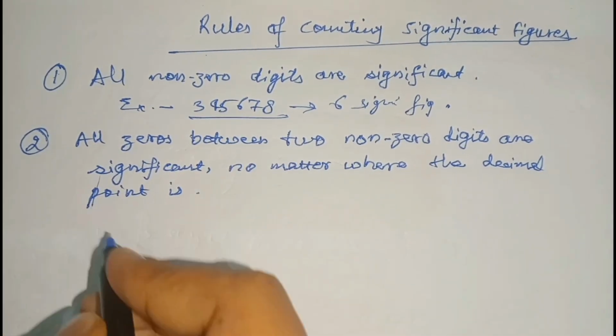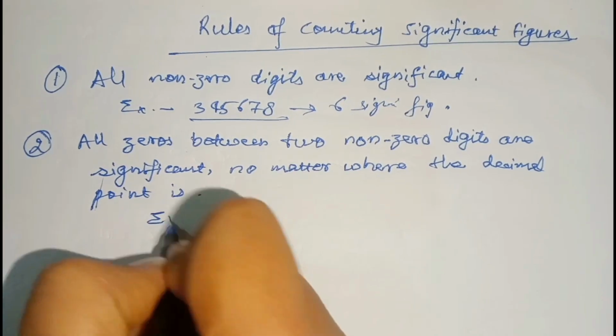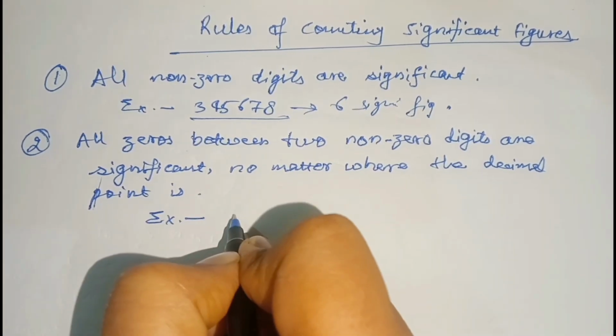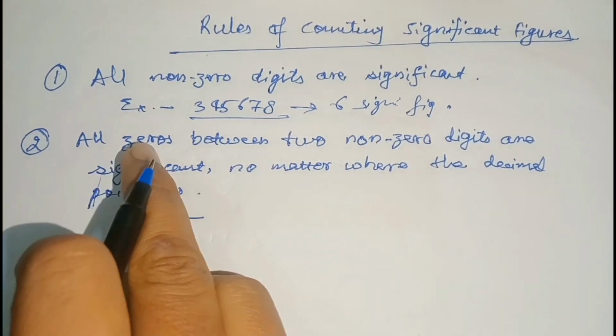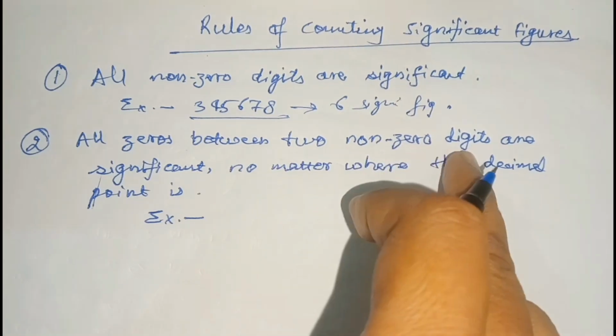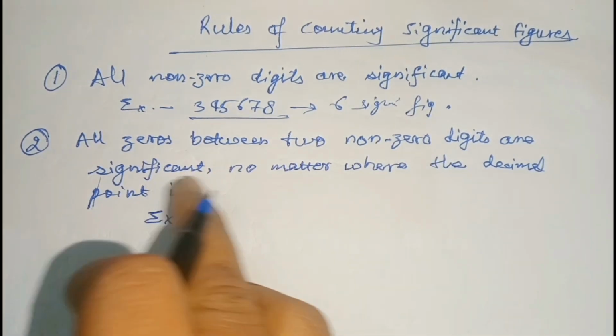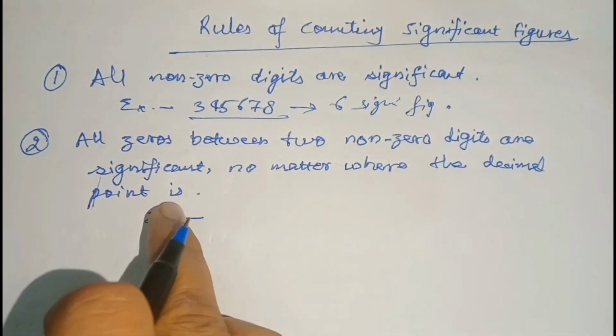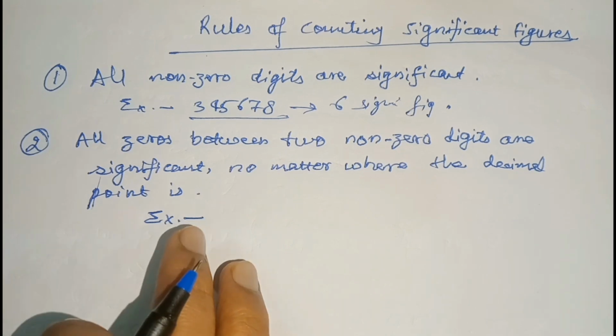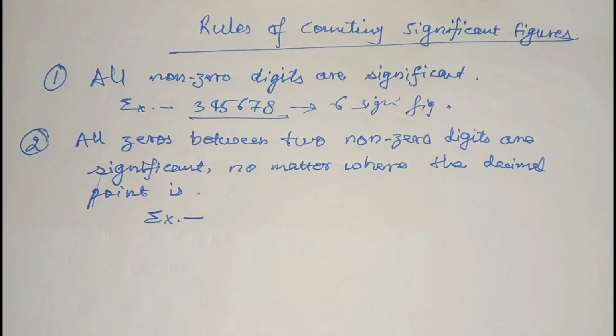Let's see an example. Here it says all zeros between two non-zero digits are significant, no matter where the decimal point is. It doesn't matter where the decimal point is. If we see zeros between two non-zero digits, they will always be significant.